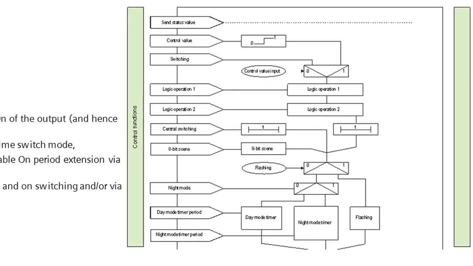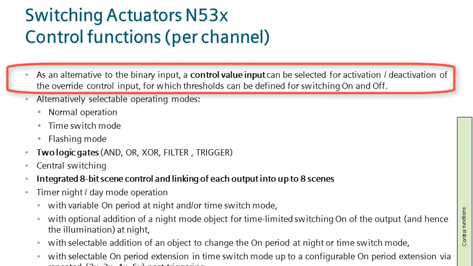Control functions as per channel. As an alternative to the binary input, an analog control value input can be selected for activation, respectively deactivation, of the override control input, for which thresholds can be defined for switching on and off.